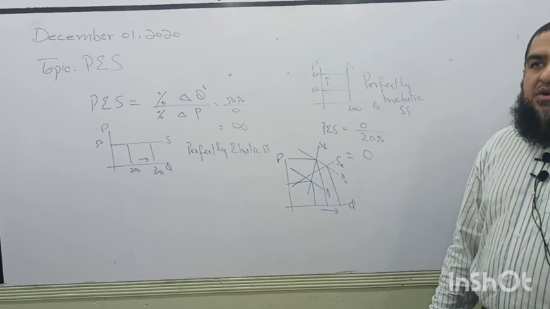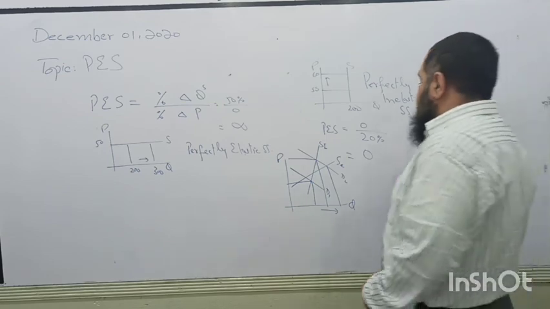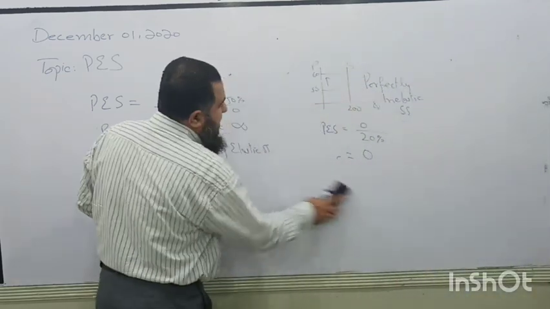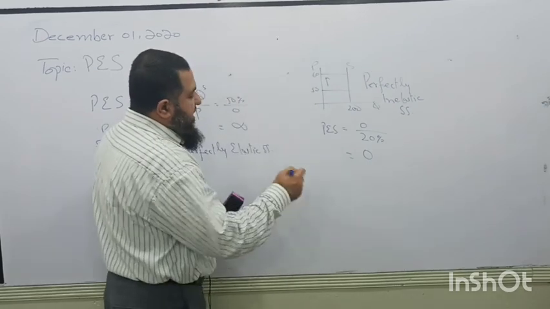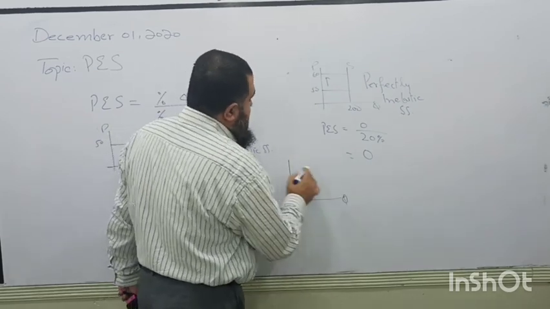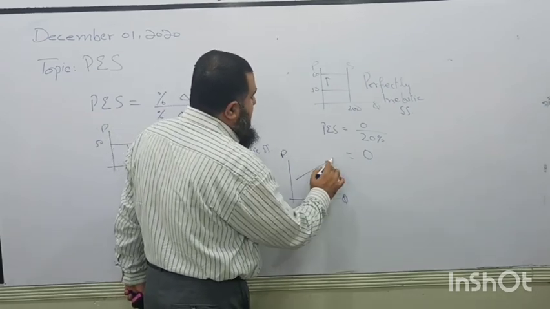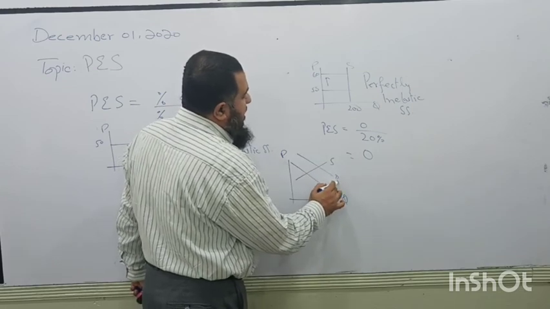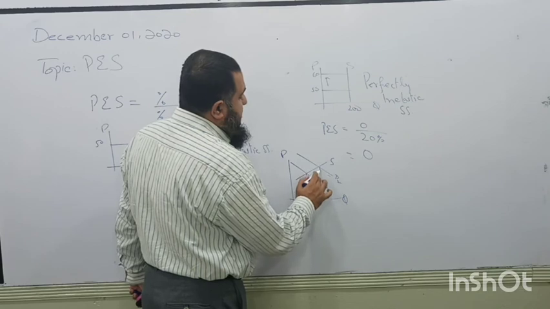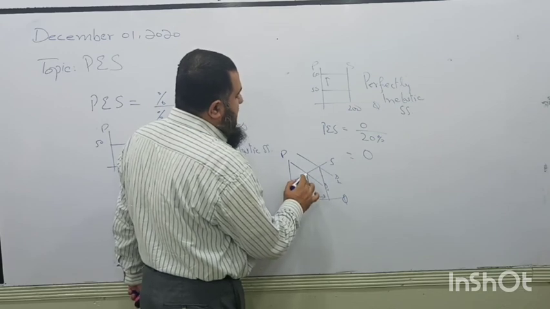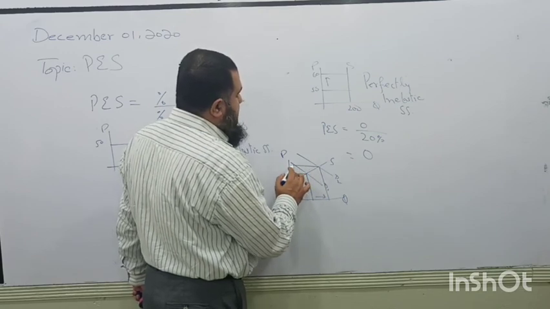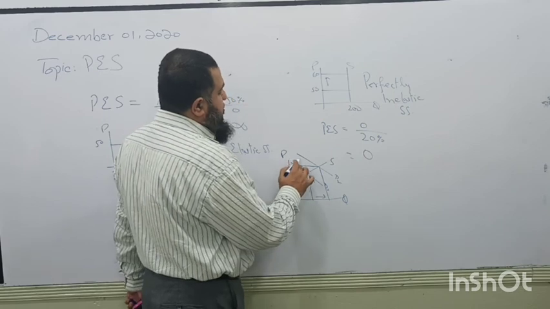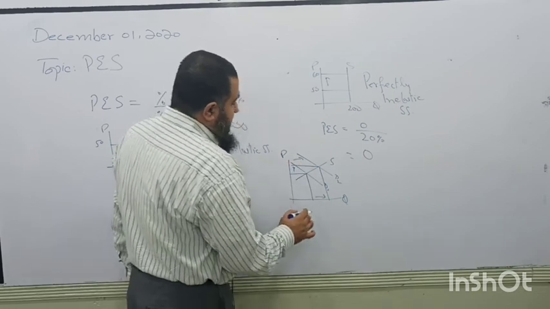When we talk about elasticity, okay, I will draw it separately, that will make it more understandable. See over here, this is an elastic supply and this is the demand. You can see along elastic supply the quantity supplied will have more responsiveness due to the change in price or due to the change in demand in the market.